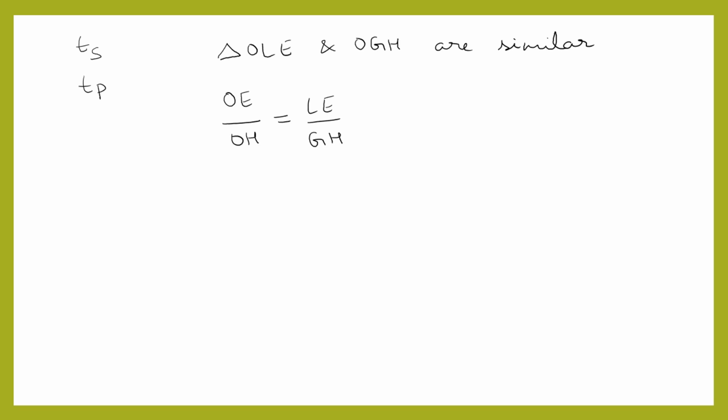This can be determined from the previous figure, where the triangles OLE and OGH are similar. Therefore, OE by OH is equal to LE by GH, that is Ts by T is equal to LE by GH, which is equal to DE minus DL by DH minus FG.